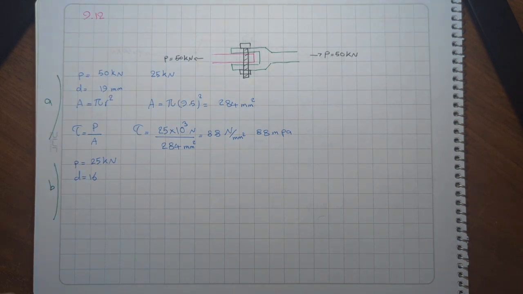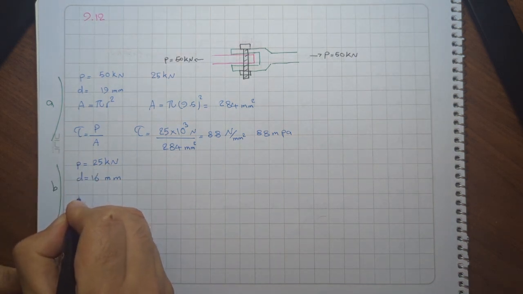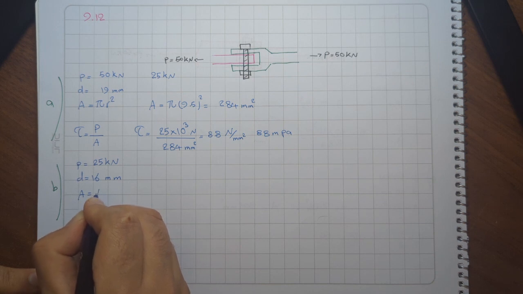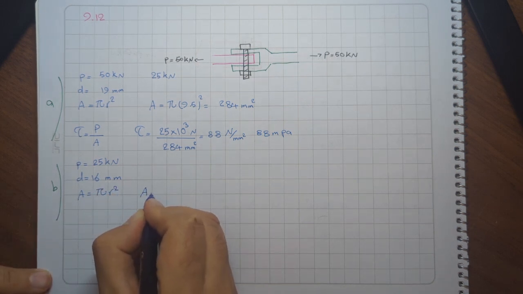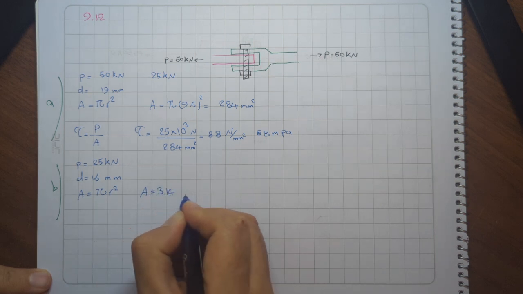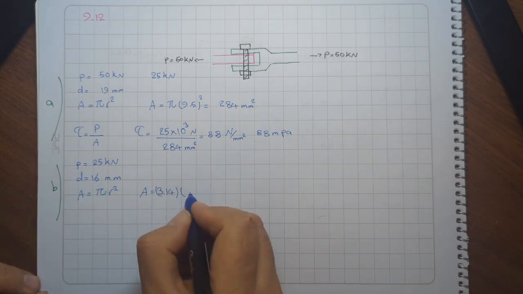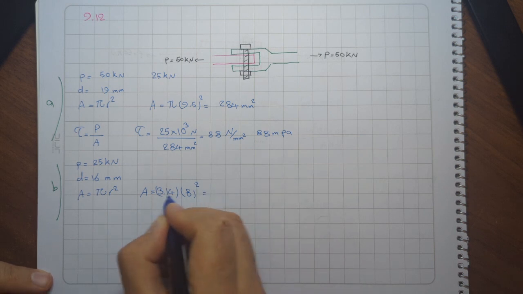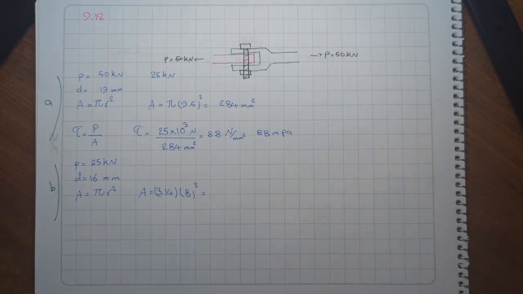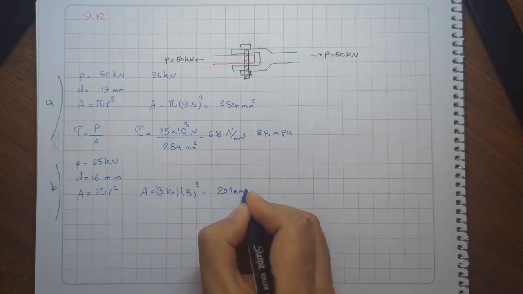Let me check it again. Yes, 16 millimeters. So A equals pi r square. A equals pi, R is half of the D, so 8 square. So the answer is 201 millimeters square.